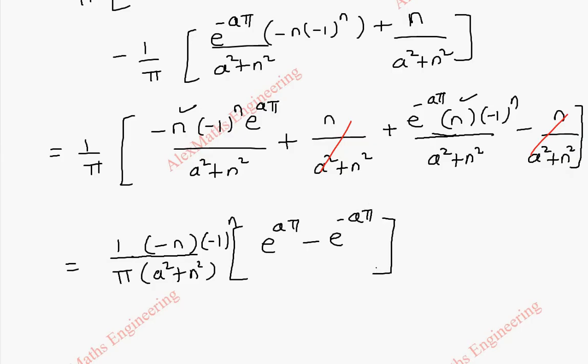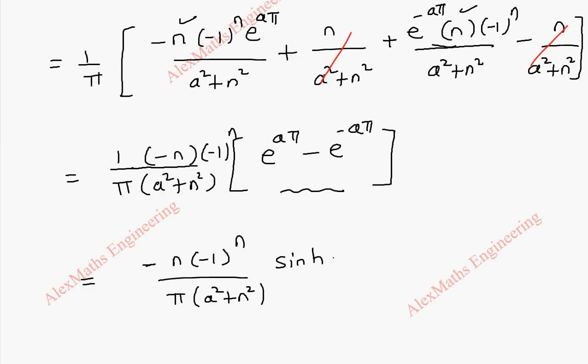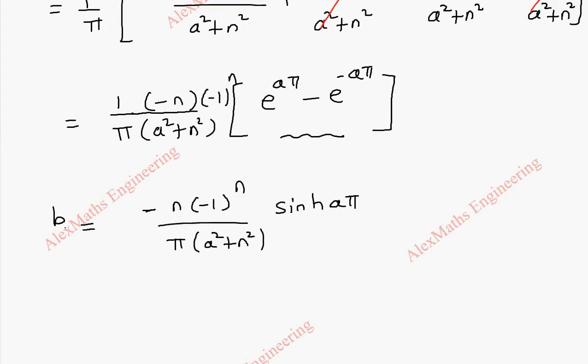So after taking all the common terms we have like this. But this is once again sinh a pi. So minus n (minus 1) whole power n by pi into (a square plus n square) into sinh a pi. So this is our bn.